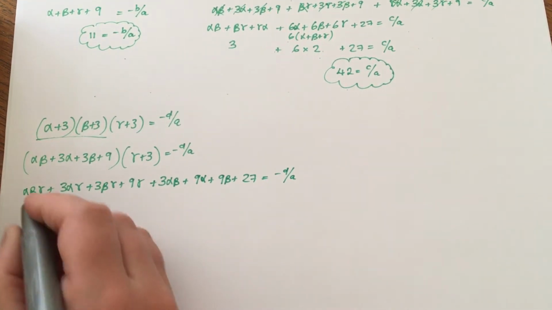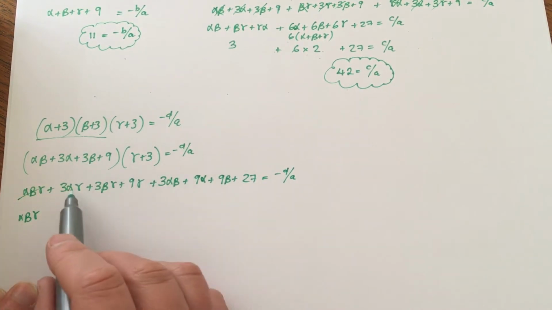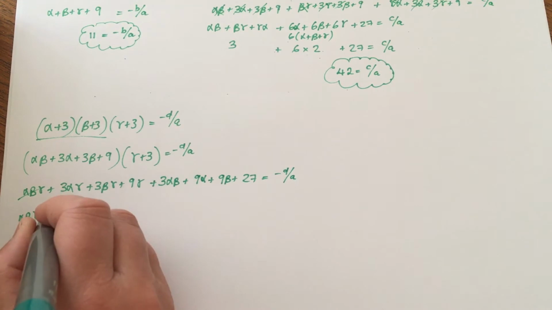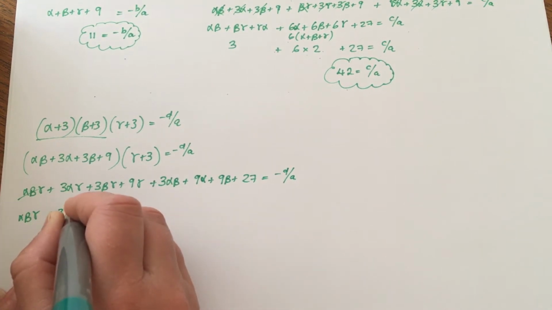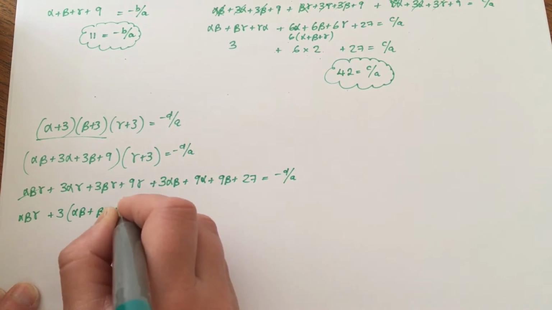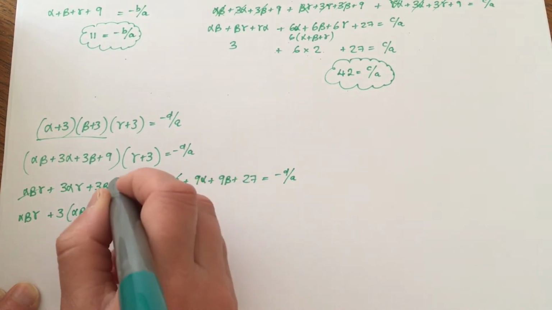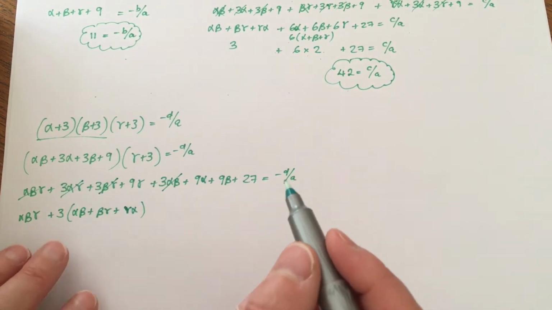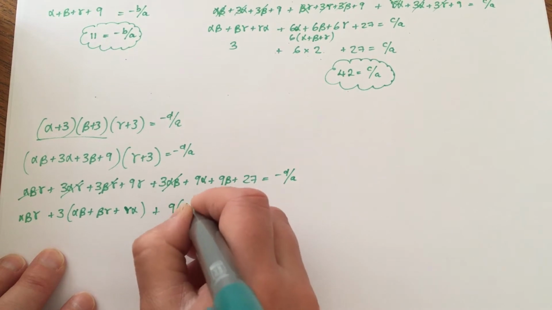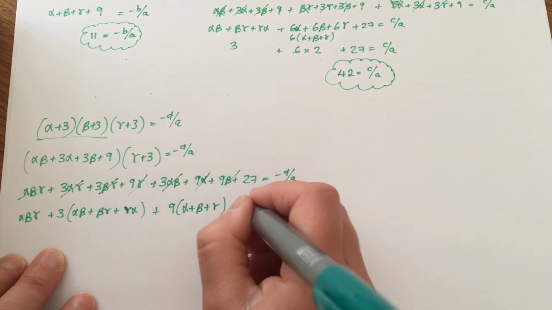So I've got alpha beta gamma, which I know. I've got 3 alpha betas, so I've got 3 of each of these. That's the same as 3 lots of alpha beta plus beta gamma plus gamma alpha. And then I've got 9 alphas, 9 betas, so 9 lots of alpha plus beta plus gamma plus 27.